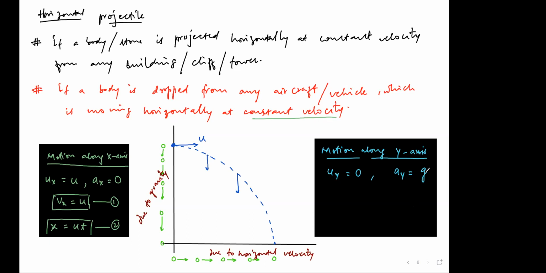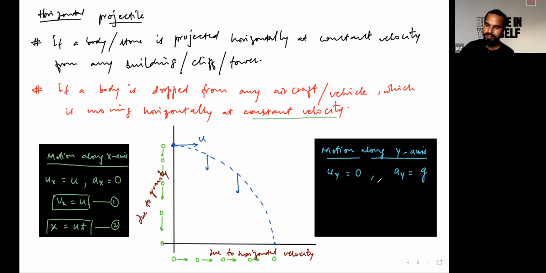Now, on the basis of these two terms, I have to define final velocity and displacement. So just use the first equation, which is v equals u plus at. As u is 0, it is g into t. So this will be your final velocity. And displacement, s is equals to ut plus half at square.